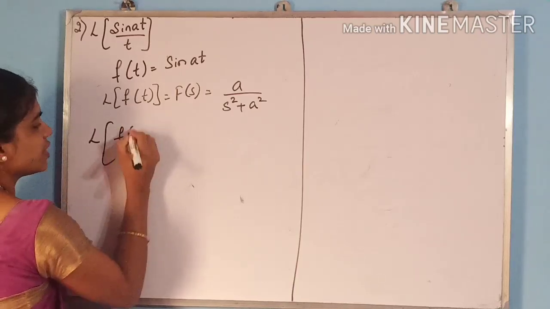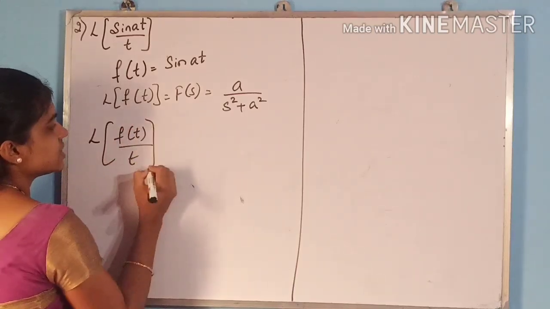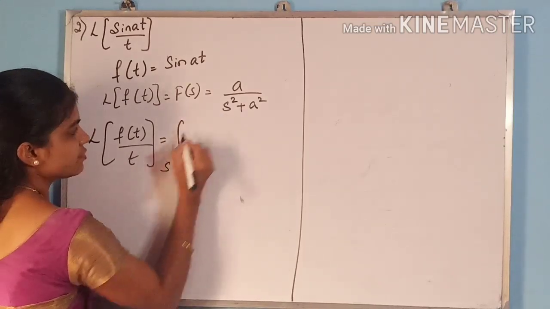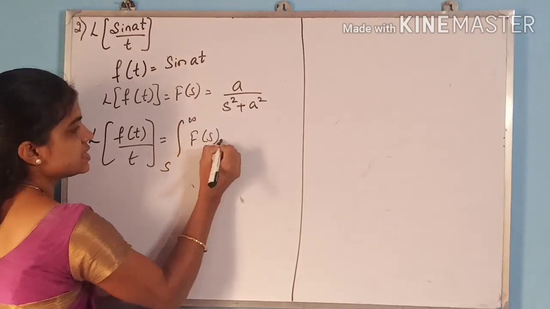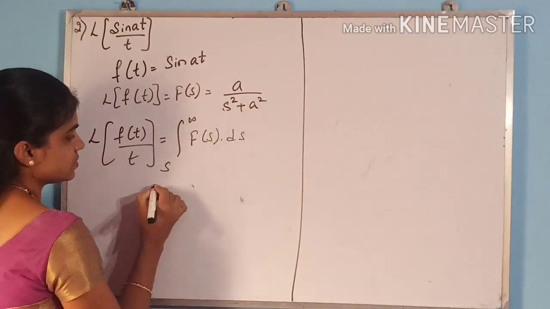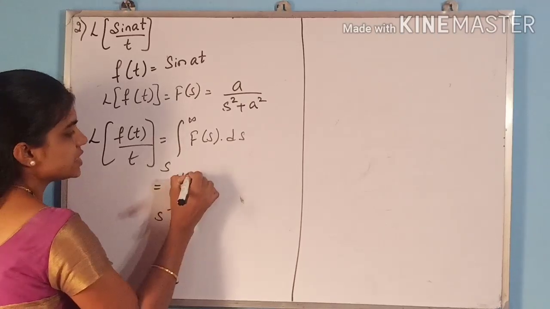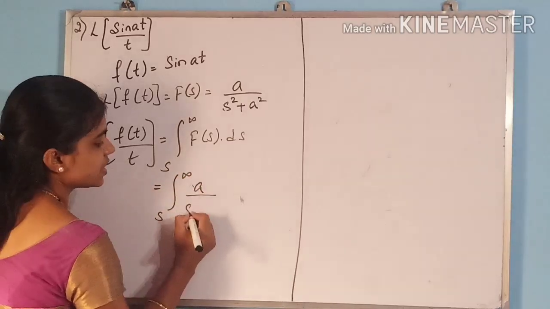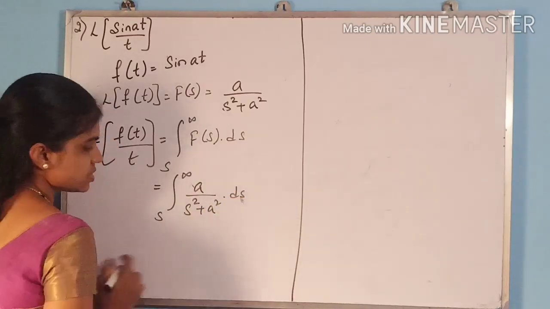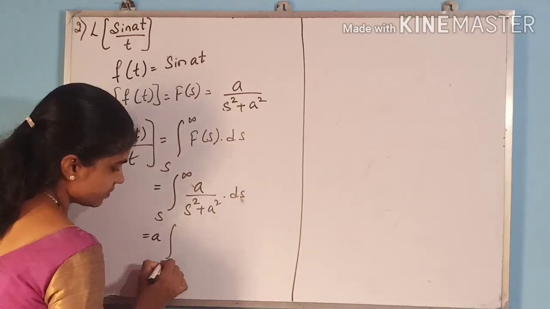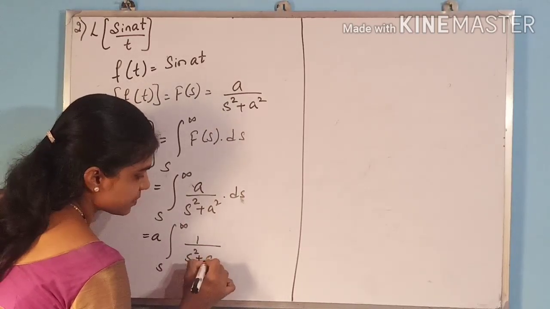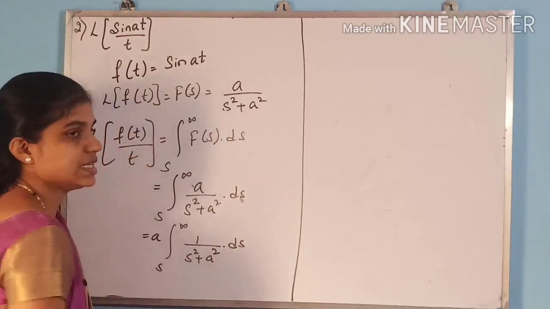Laplace transform of f of t by t is equal to integration s to infinity f of s ds. Substitute this. This is equal to integral s to infinity a by s square plus a square into ds. a is a constant, so it comes out of the integration. So we have a integral s to infinity 1 by s square plus a square into ds.